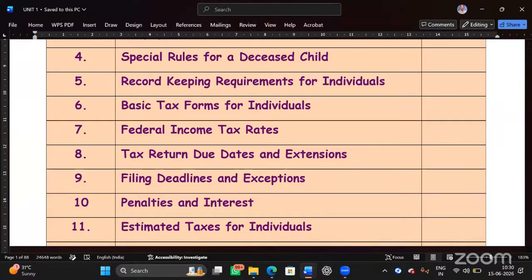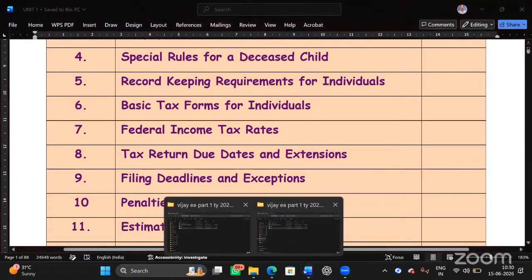I already explained. One is single. Second one, married filing jointly with the spouse. 3, married filing separately. Qualified surviving spouse, head of household. Total we are having the 5 types of statuses. Let me show that item also in the form number 1040.